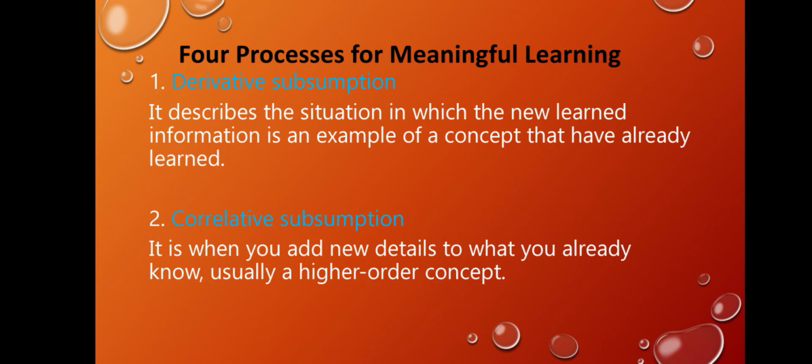Now you have learned that ostrich is a kind of bird. You included new information by expanding your knowledge about the concept of birds. You might think that correlative is more valuable learning than derivative subsumption since it enriches the higher level concept.